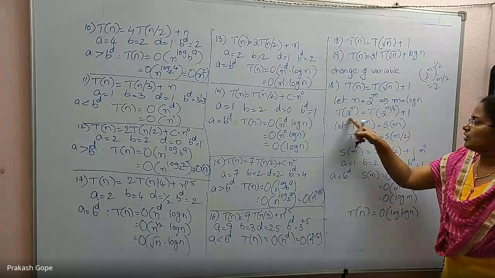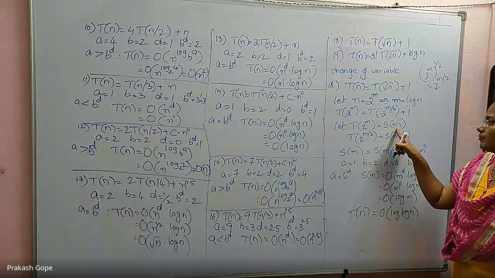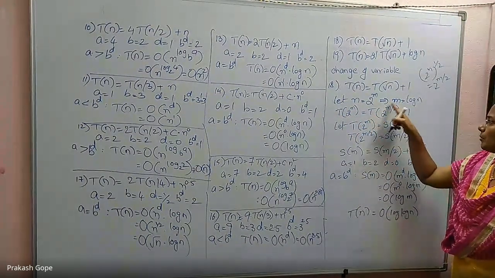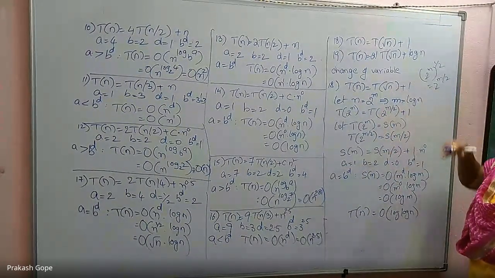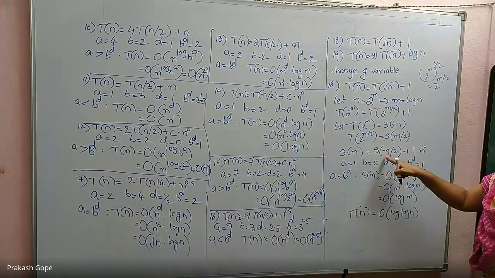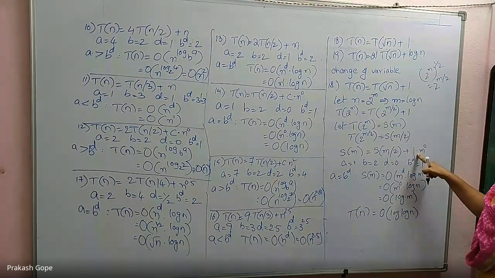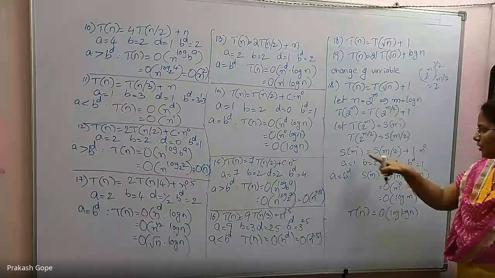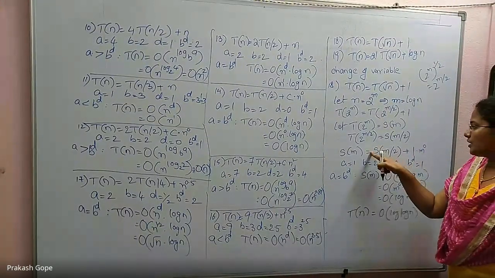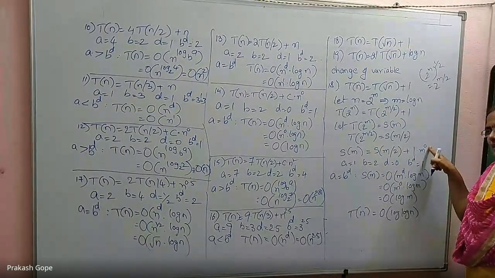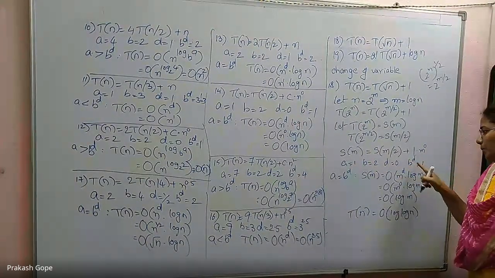So I'm assuming this to be S of m. So obviously this becomes S of m by 2. So I substituted both in the above equation, so that S of m equals S of m by 2 plus 1. 1 means constant into m power 0, because everything is in m, you should write it as m power 0. So a is 1, b is 2, d is 0, a equal to b power d case.